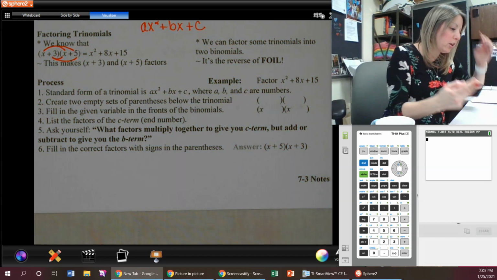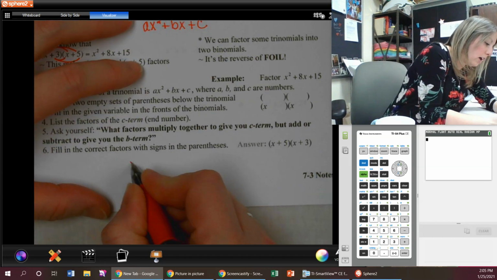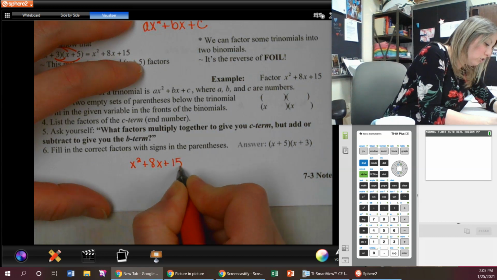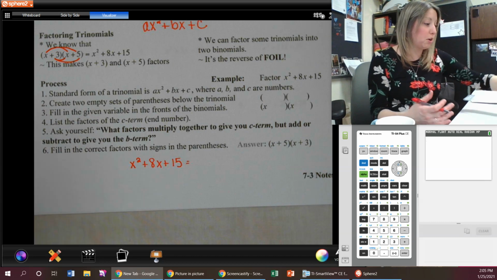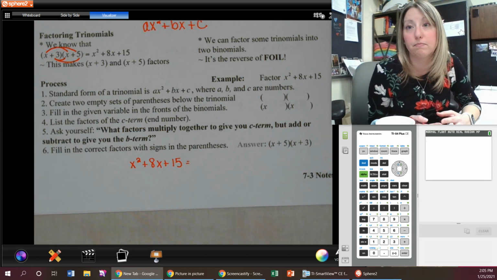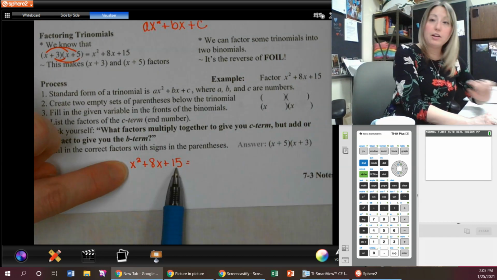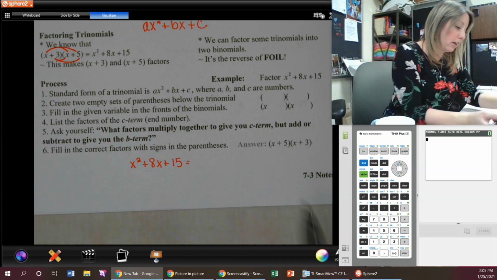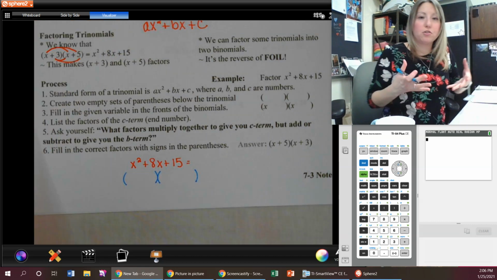Okay, so let me actually factor x squared plus 8x plus 15 using this process, because I know you know the answer already since we already did it, right? But I want to show you where this comes from. First thing, when I'm asked to factor a trinomial, I make two empty sets of parentheses underneath it.